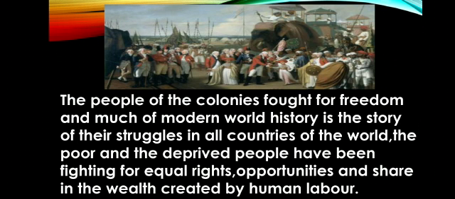The people of the colonies fought for freedom, and much of the modern world is the history of their struggles in all countries of the world. The poor and the deprived people have been fighting for equal rights, opportunities, and a share in the wealth created by human labor.